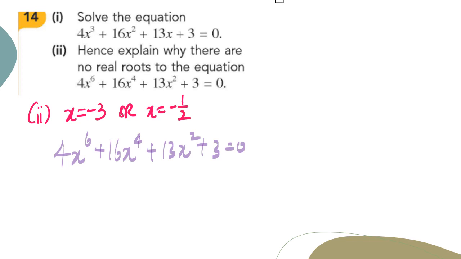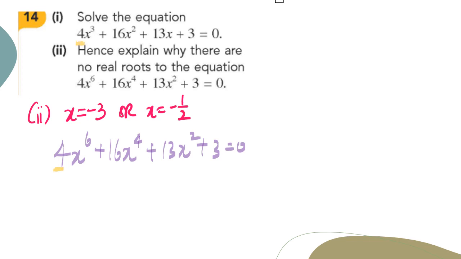Now, if you compare with what you are given in Part 1, you would observe that the coefficients of the variables are the same. The coefficient of x cubed is 4, and the coefficient of x to the power of 6 is also 4. So I'm going to underline for you.